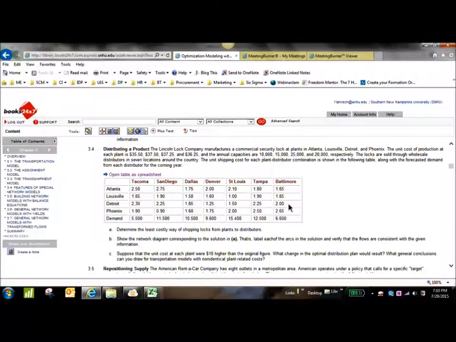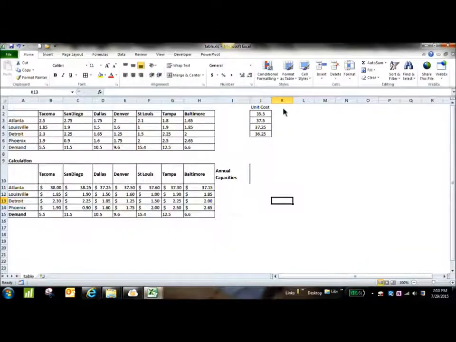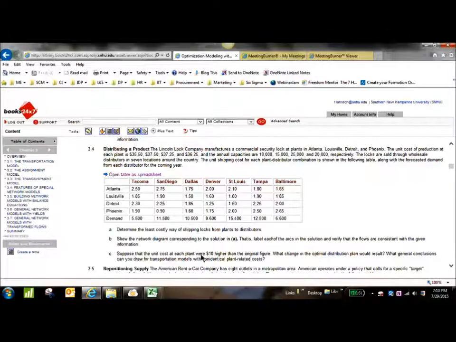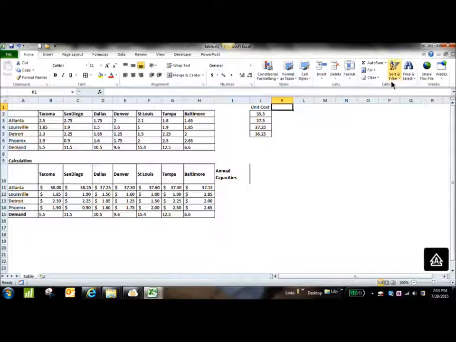So they're allocated across the shipping costs right here. If for C it says $10 higher, so what you're going to have is unit cost, and you would just add $10 to it.